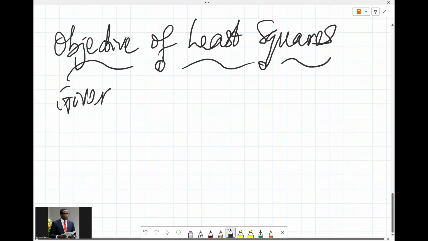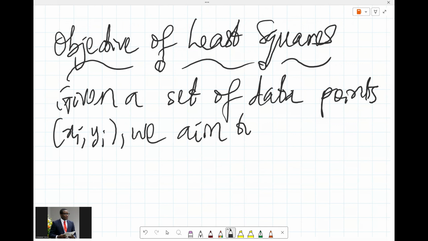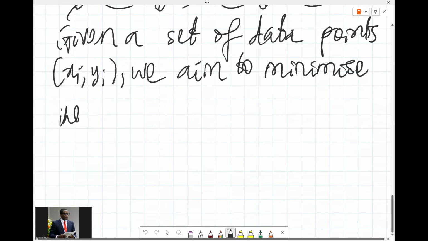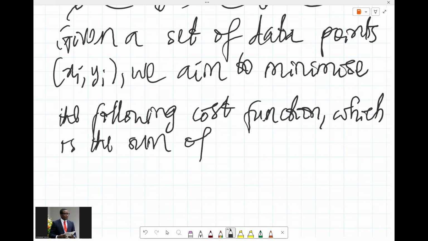Given a set of data points, call them xi, yi, we aim to minimize the following cost function, which is the sum of the squared residuals.